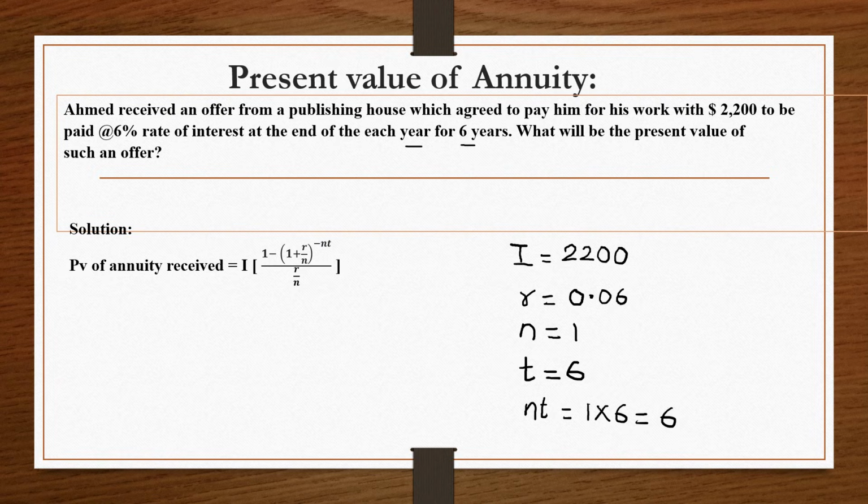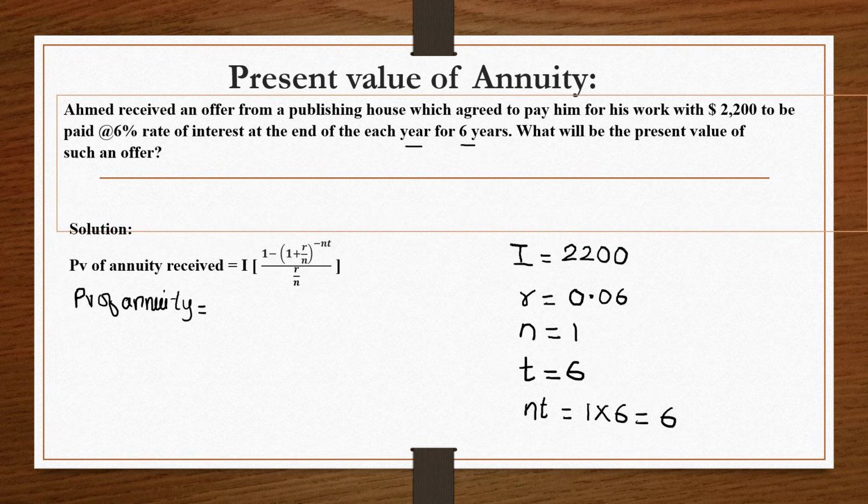So these are the values which are given in the question. Now we will replace them in the formula. My present value of annuity is equal to, what is my I?